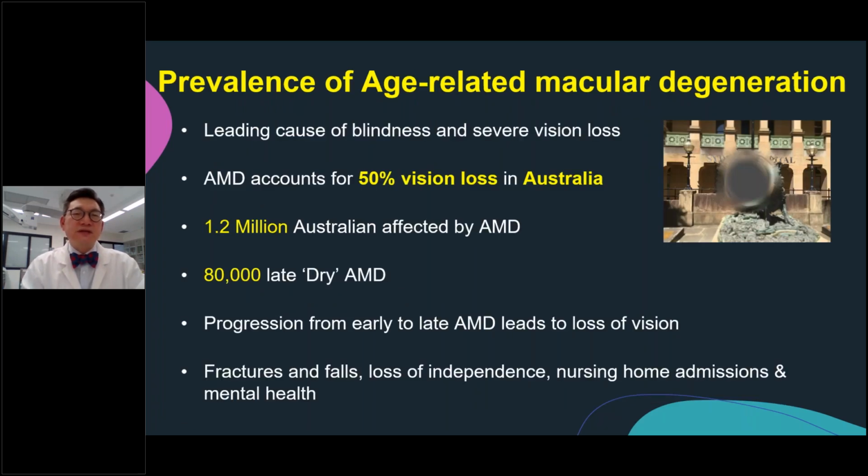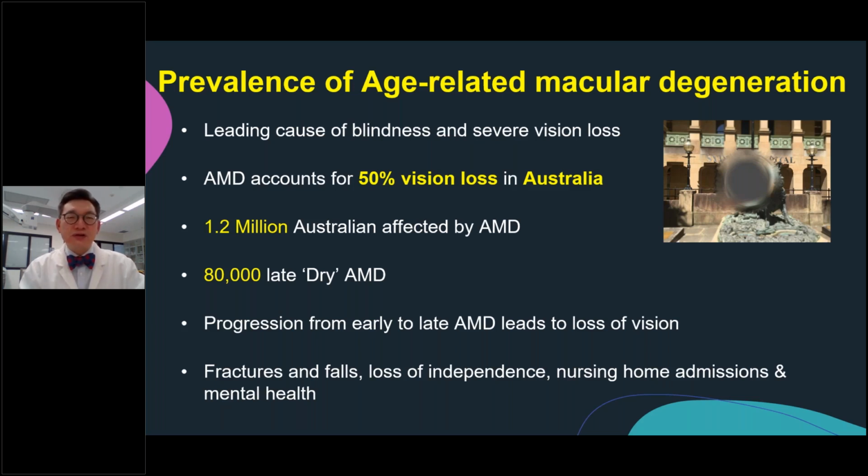Macular degeneration is a leading cause of blindness and severe vision loss, which is why we're focusing so much on this disease. It accounts for 50% of vision loss in Australia. 1.2 million Australians are affected by this condition. And geographic atrophy, which we are talking about today, affects about 80,000 Australians.